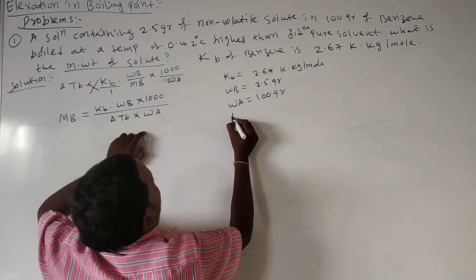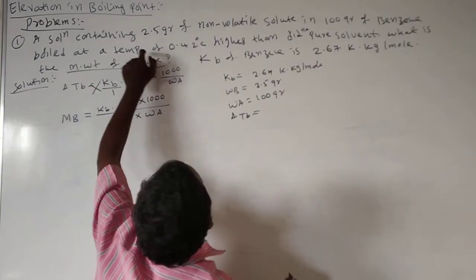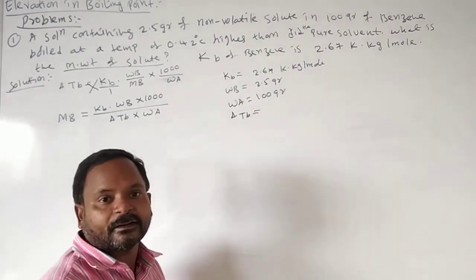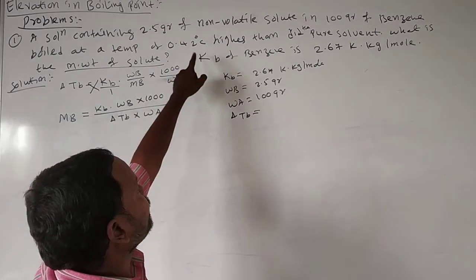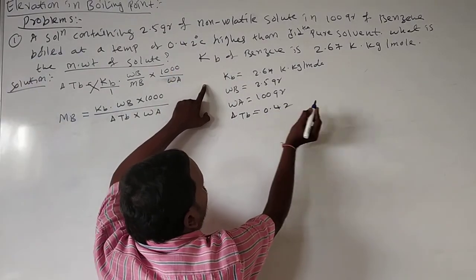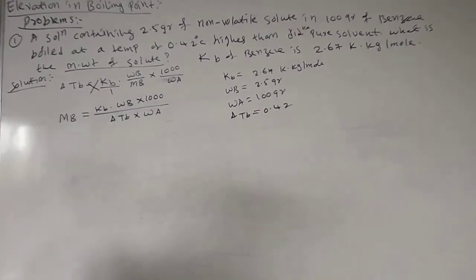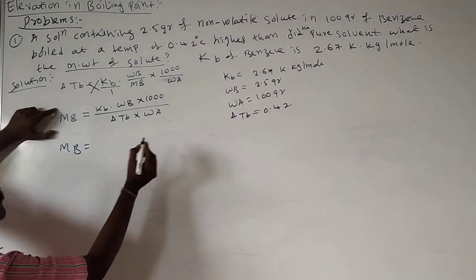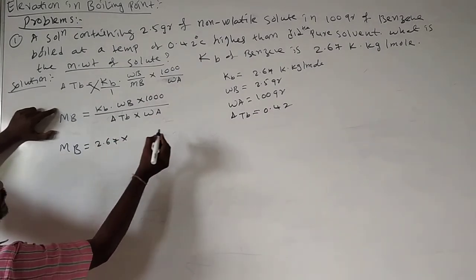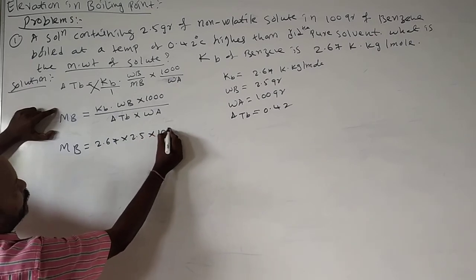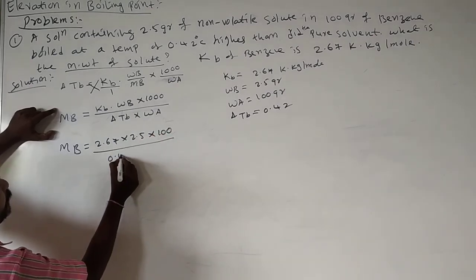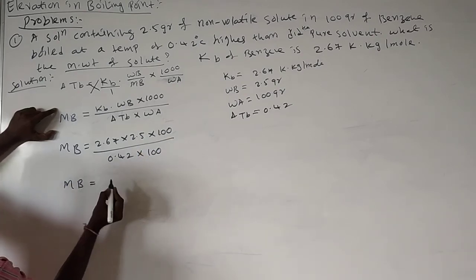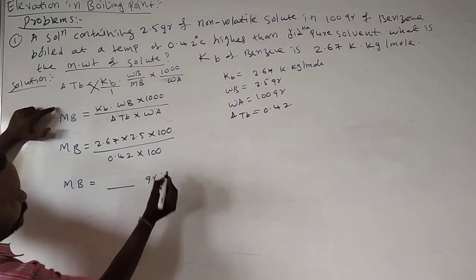Delta Tb is 0.42, the boiling point of the solution higher than the pure solvent. So Mb is equal to 2.67 into 2.5 into 1000 by 0.42 into 100 grams. Here you will get the Mb value in grams.